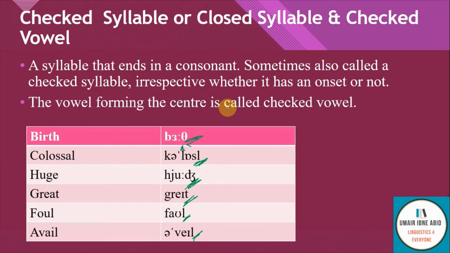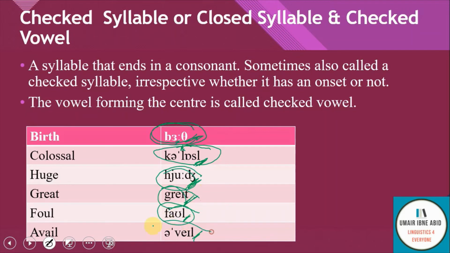The vowel forming the center is called a checked vowel. This word has only one syllable because there is only one vowel. This word actually has two vowels, but this is also ending at a consonant. So these are all examples of closed syllables. This whole is an example of a closed syllable, and a closed syllable is also called a checked syllable.